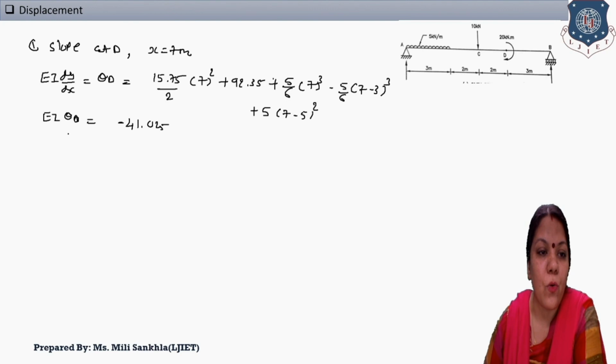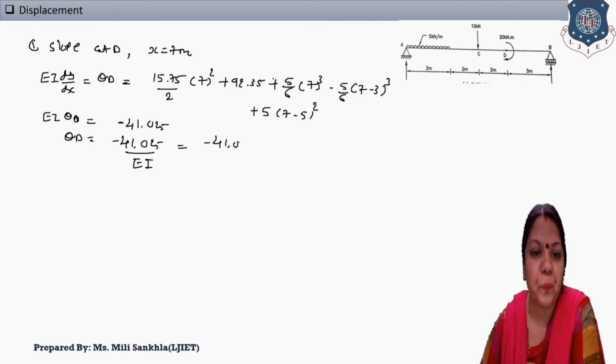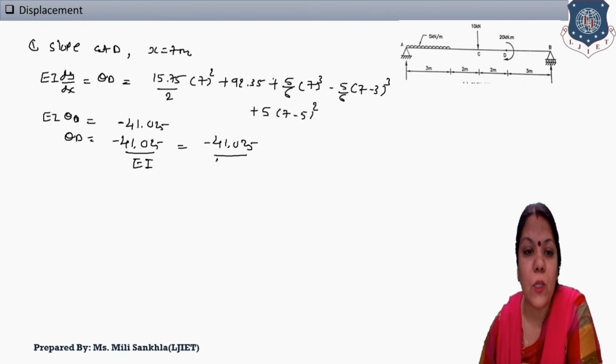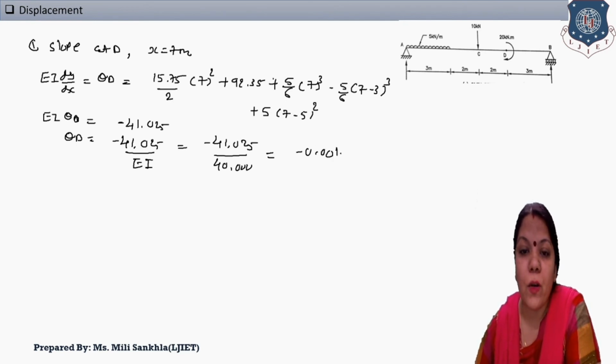Now theta D is equal to minus 41.025 divided by EI, and EI is equal to 40,000. After simplifying we get the answer minus 0.00102 radian, and this is negative, that is anti-clockwise.